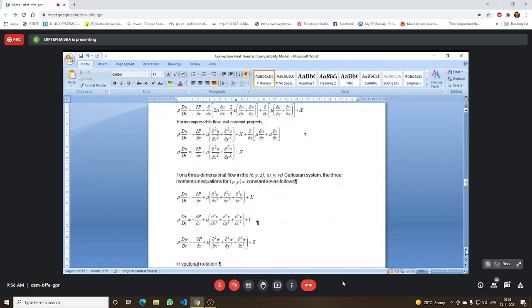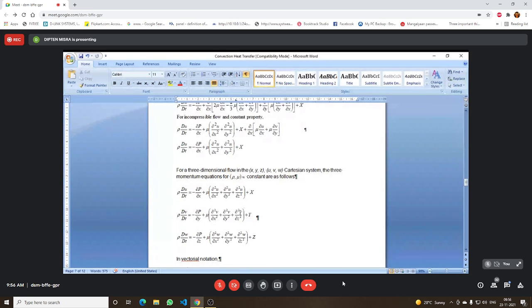And similarly, the momentum equation along y will be identical in form. It will be rho into ddt of the v component of the velocity vector. Instead of del p del x, it will be del p del y, and Laplacian of u will be replaced by Laplacian operator on v, the v component of velocity.